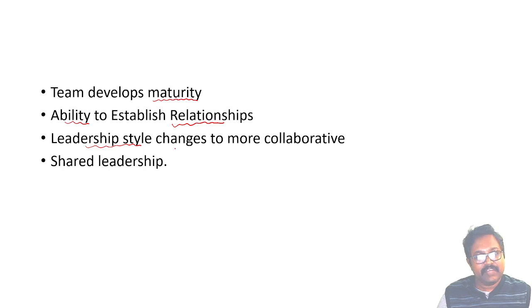So this individuality will be converted into a collaborative or shared leadership. So group dynamics helps in developing maturity levels, the ability to establish relationships, and the development of leadership skills.